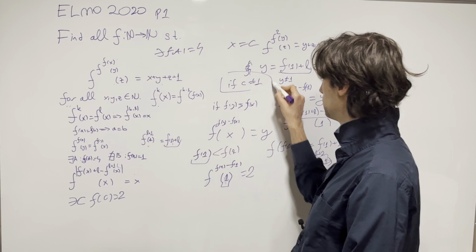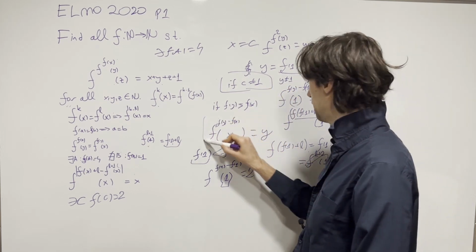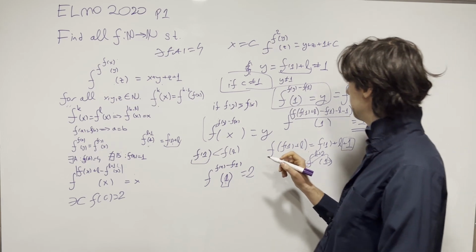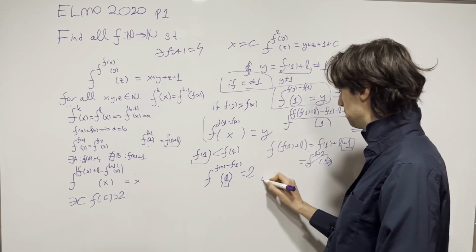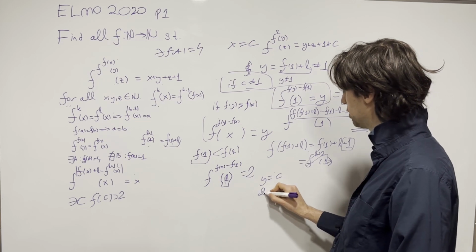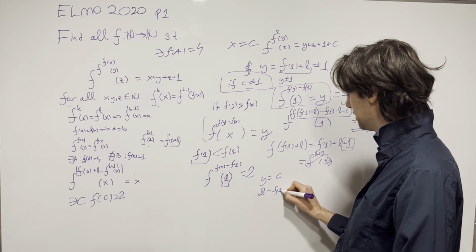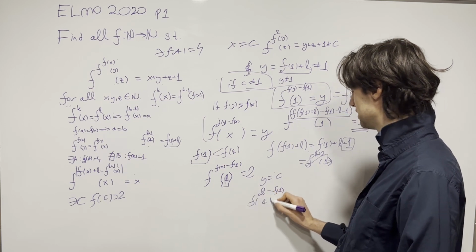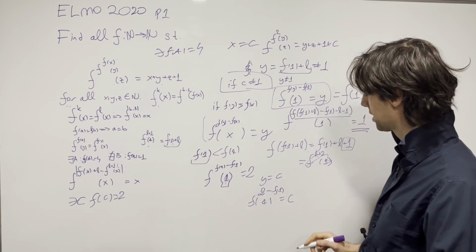If c isn't equal to 1, then if I put y equal to c into this equation, f of y minus f of 1, I will get 2 minus f of 1 of f of 1 is equal to c.